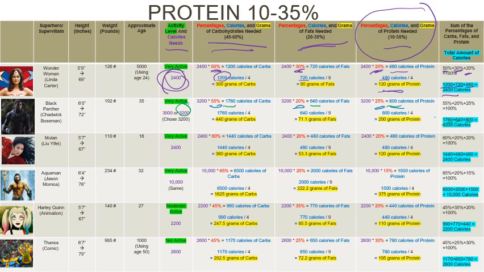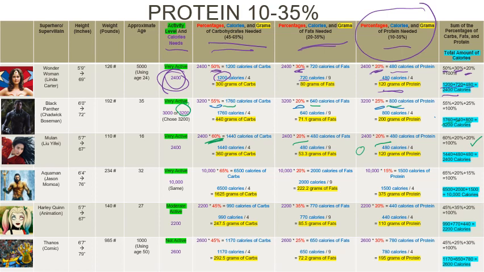Mulan. So we said that she consumes 60% carbohydrate, 20% fat, and 20% protein. So that's 60 plus 20 plus 20 equals 100. So let's look at the protein here. 2,400 times 20% equals 480 calories of protein.